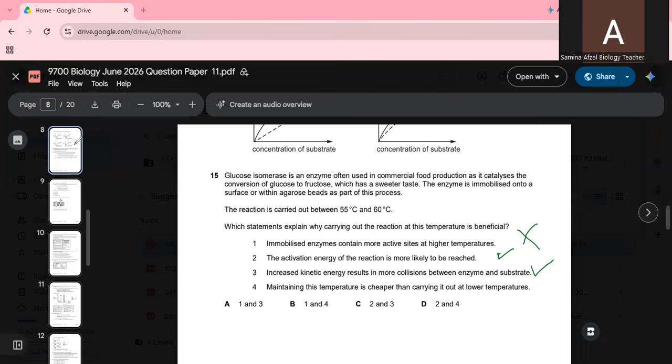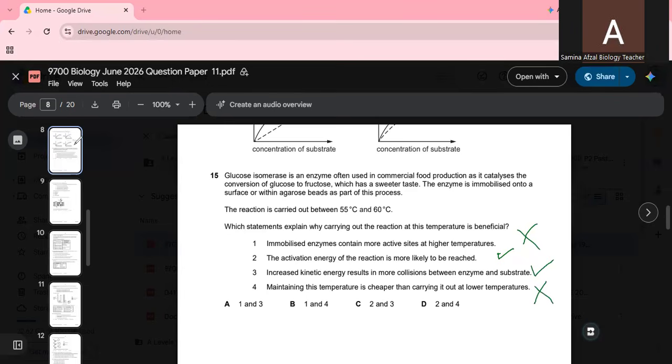This statement is incorrect. Why? Because heating a system to maintain elevated temperatures, that is between 55 degrees centigrade to 60 degrees centigrade, requires energy input and is generally more expensive than running a reaction at room temperatures. So this statement is not correct.